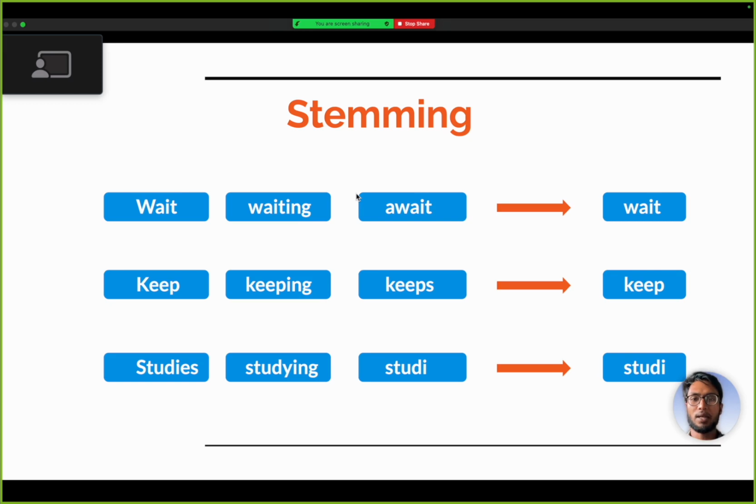So stemming means finding the common part of these words, okay, like wait, waiting, await, all those words contain the word wait, so it is the root word. So finding the root word is stemming, okay. Keep, keeping, keeps, all came from keep, so keep is the stemming word, okay. Studies, studying, study, study is the common part between all these three. Stemming is this thing.